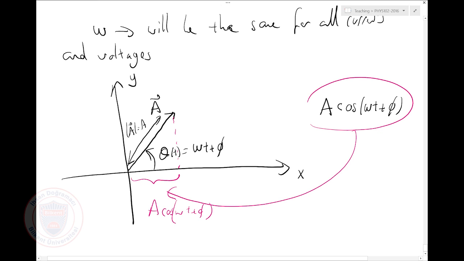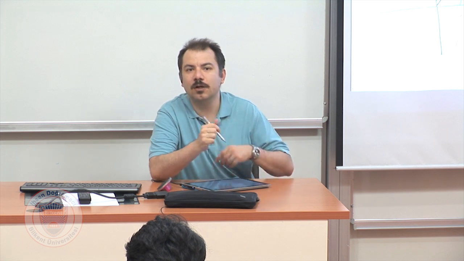Now, why am I doing that? Because whenever I add two cosines with different phases, it will be easier to just add these vectors. We are going to do standard vector addition instead of trying to actually add two cosine functions, and at the end of the day it's going to give us the correct result. All right?